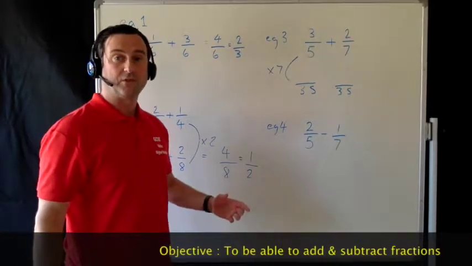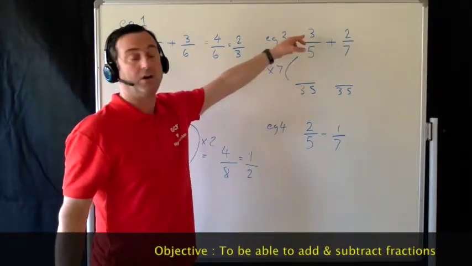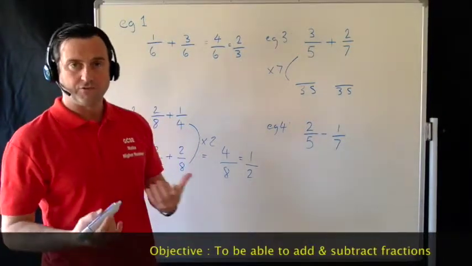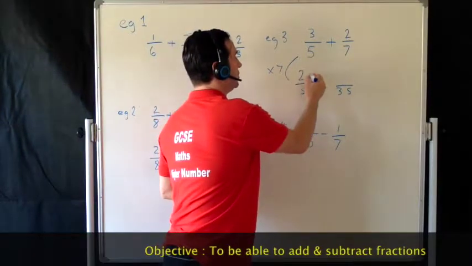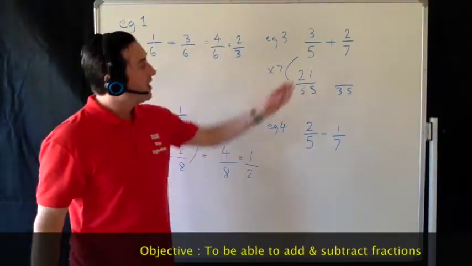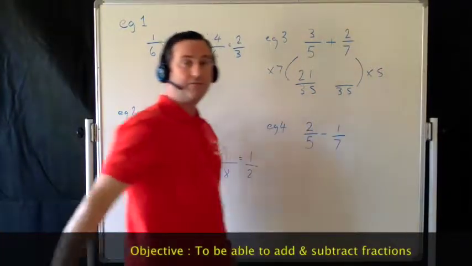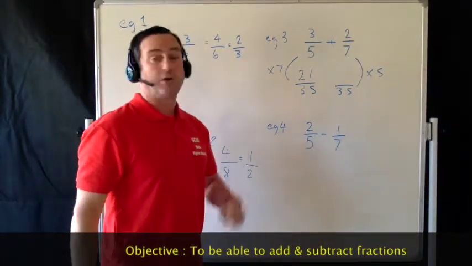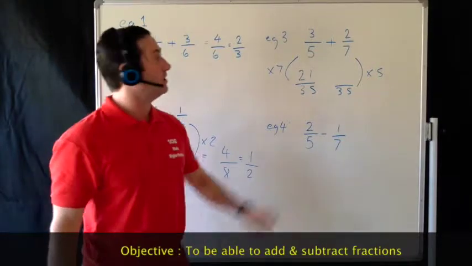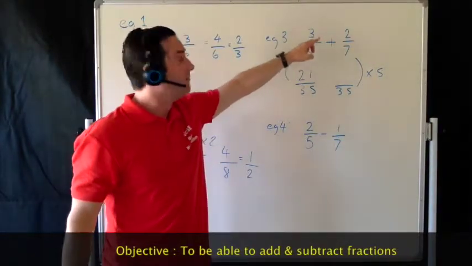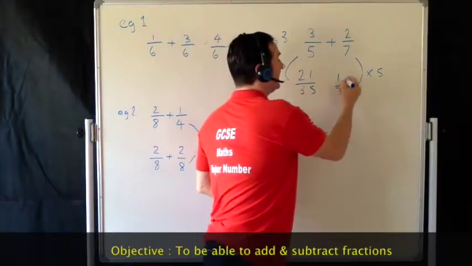To keep the fraction equivalent, I need to multiply the top part, the numerator, by 7 as well. 3 times 7 gives me 21. I've multiplied the 7 by 5. So to keep the fraction equivalent, I need to multiply the top part, the 2, by 5 as well. 2 times 5 gives me 10.